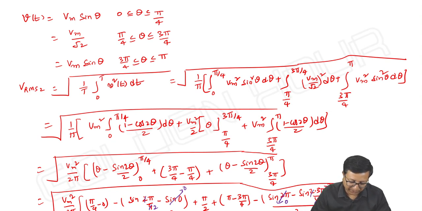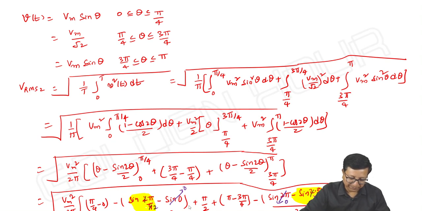Here sine pi by 2, its value is 1. And here also this whole value, sine 3 pi by 2 is minus 1, and that has already a minus sign, so automatically it becomes plus 1.